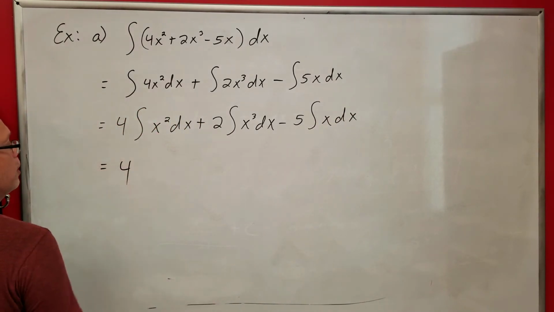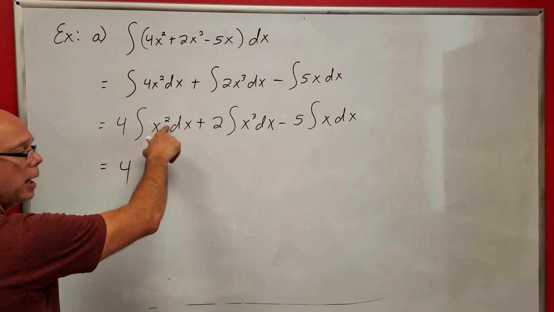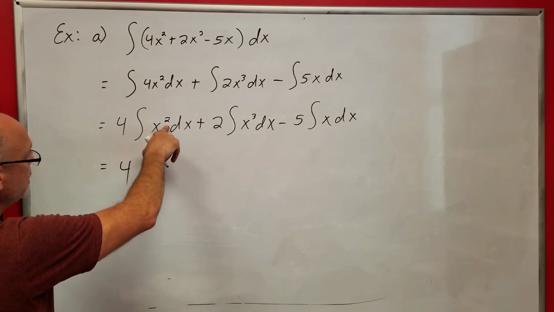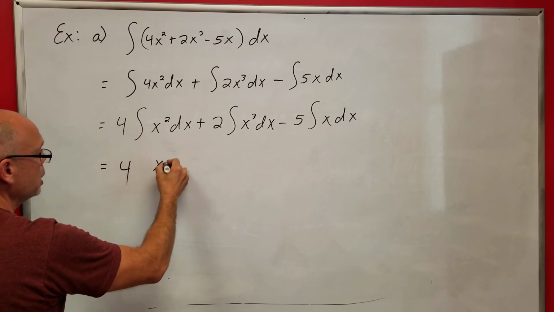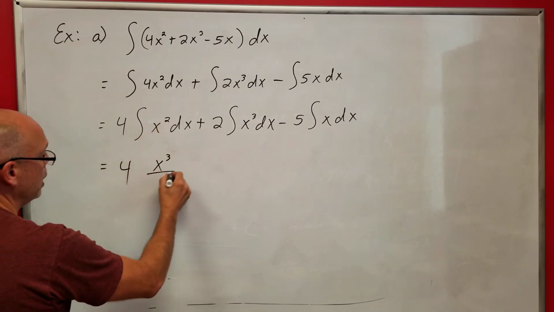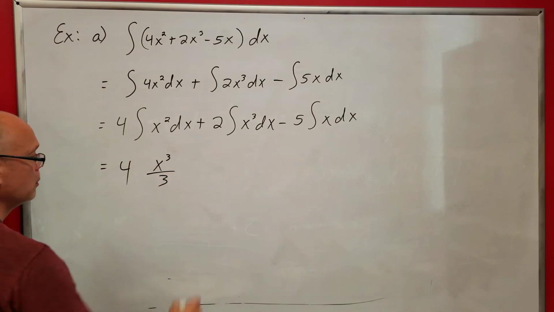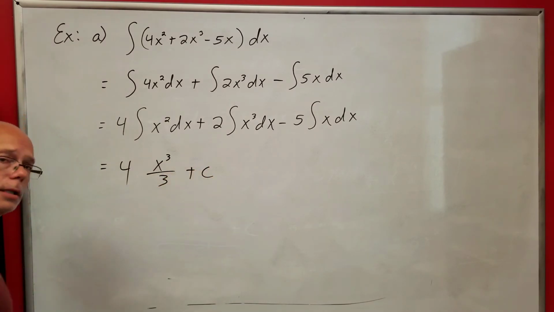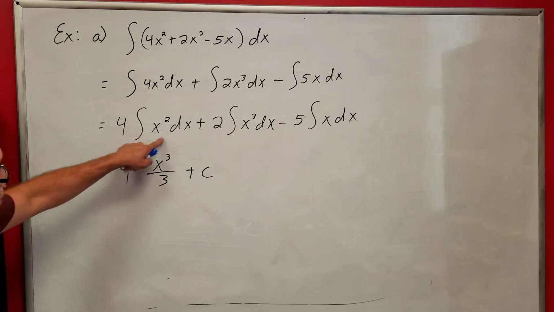So now, how do I integrate x squared? That's a power of x other than -1. So what do I do with it? Add 1 to that, divide by the new exponent, right? Plus my arbitrary constant c. That's the integral of this part.